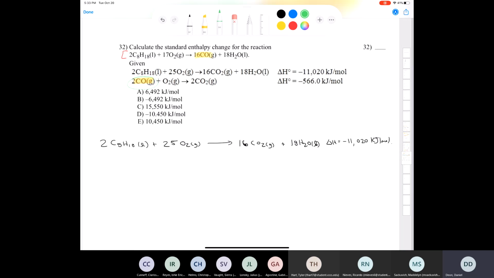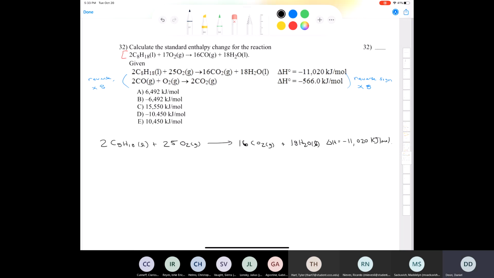So I'm going to have to reverse this equation, and flip the sign over here. And if I want to have 16 moles, I'm going to have to multiply by 8, and multiply by 8 over here.